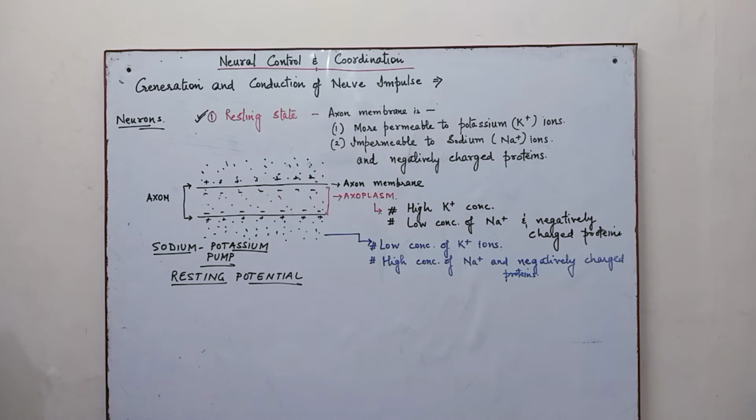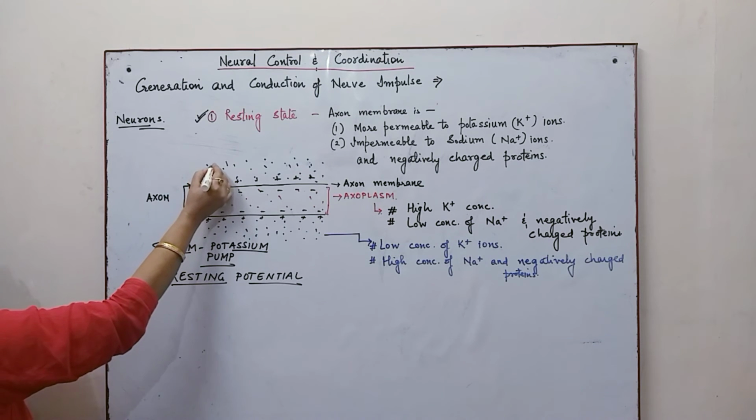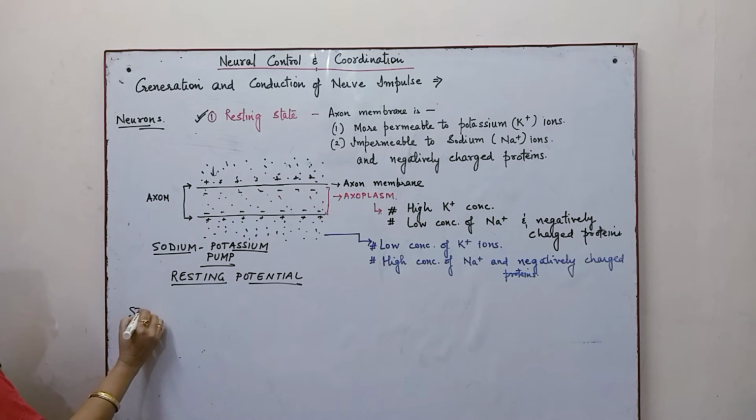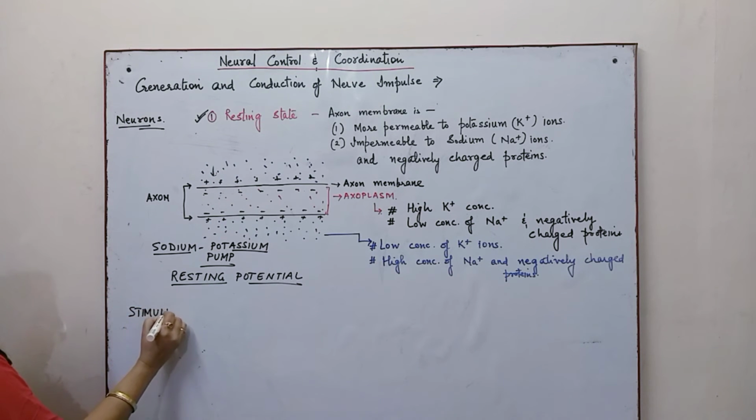Now, when a stimulus is allowed to enter at a particular point and reaches this point, the polarity changes. And how does this polarity change? Because there is a quick influx of sodium ions due to the reversal of polarity.